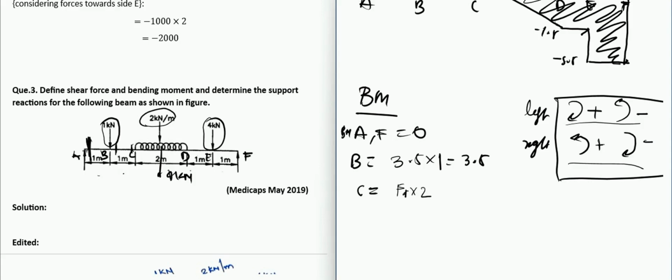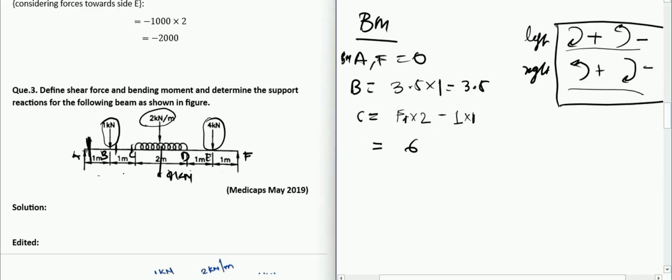So it is 2, and because it is clockwise, it is positive, and minus 1 kilonewton force into 1, the perpendicular distance of that 1 kilonewton force, and it is in the anti-clockwise direction, so it will be negative. So let us just calculate that. 3.5 into 2 will be 7, minus 1 is 6. So at C we have 6 kilonewton meter of bending moment.